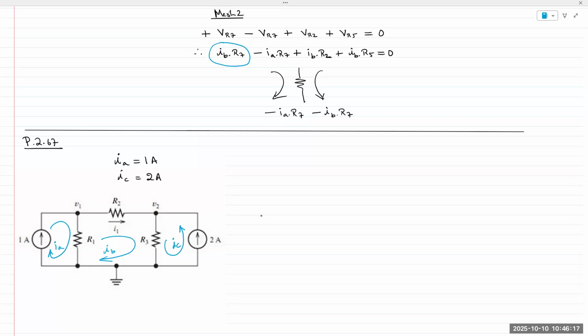Okay. IB is the only unknown. So write one equation for the middle mesh, mesh 2, and then we are done. How many of you have already solved this? Okay. Any issues? None. Okay.